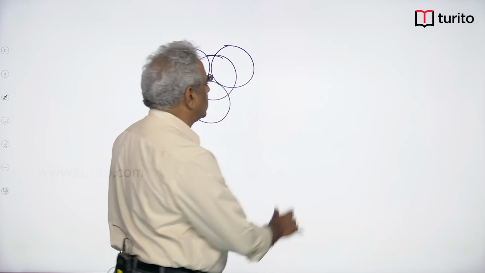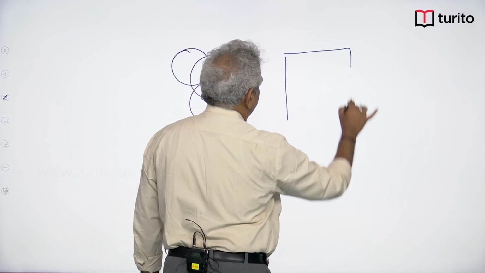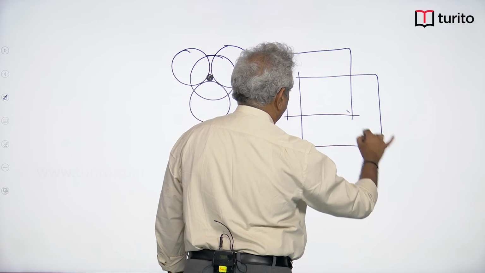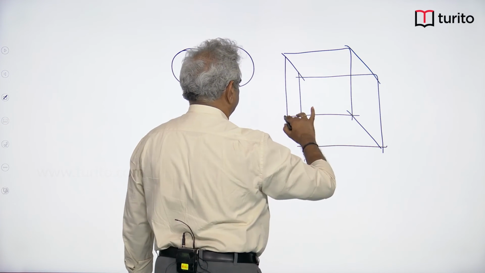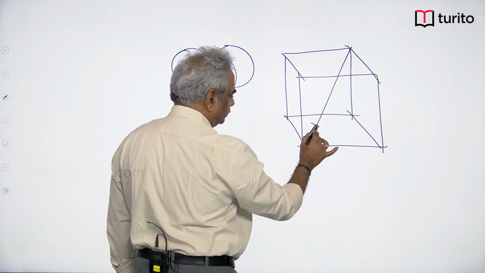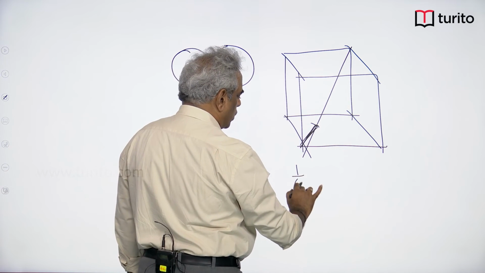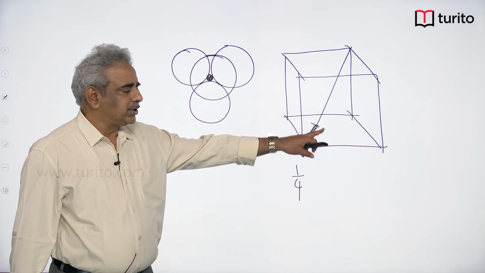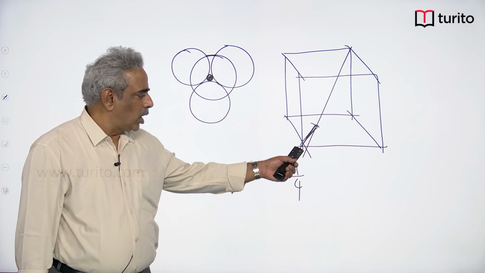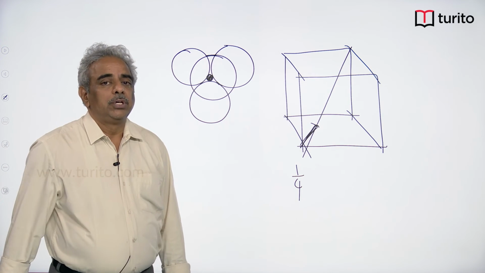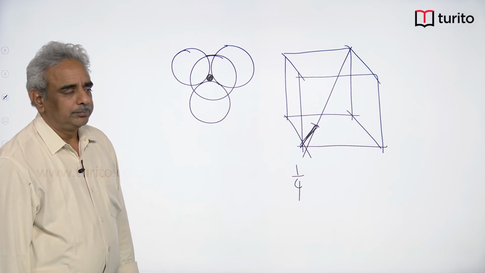In that FCC unit cell, as we have discussed, the tetrahedral void falls 1/4 of the body diagonal, 1/4 distance from the corner, possesses the center of the tetrahedral void.